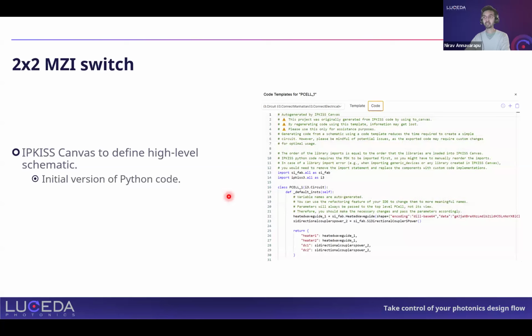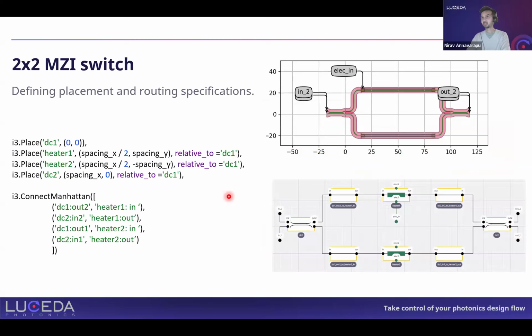Of course, you can always add optimizations and parametric functionality to this to make it more flexible. When you draw the 2x2 switch in IPKISS, it should look something like the upper right image. The pseudocode shown in the slide is very similar to the actual code you would use to define an MZI in IPKISS, but I removed some of the syntactical jargon to improve the clarity.